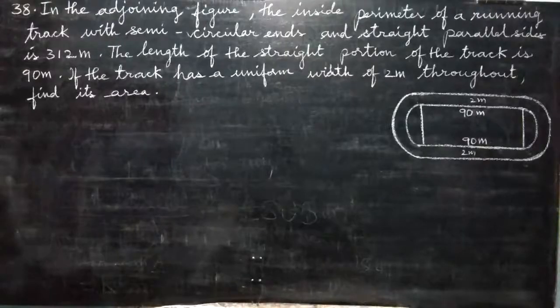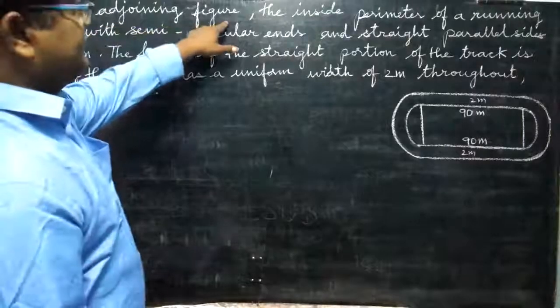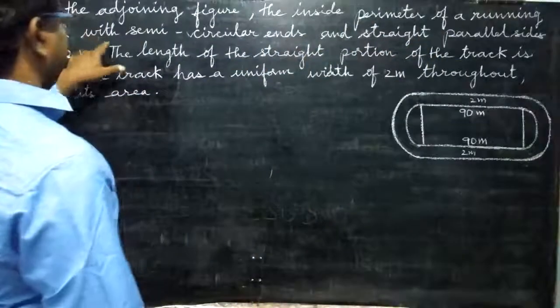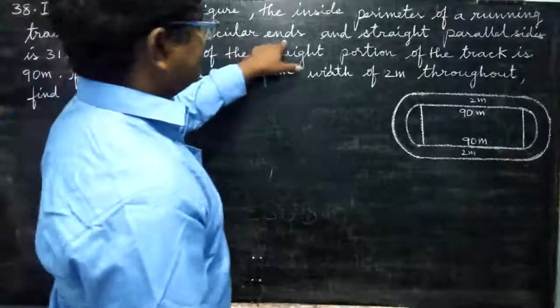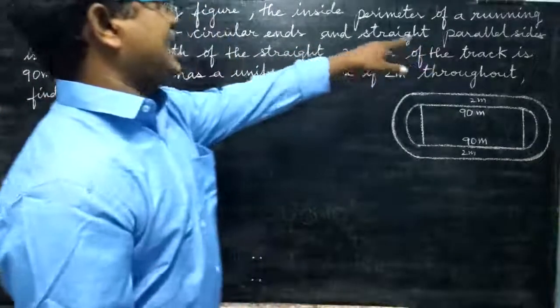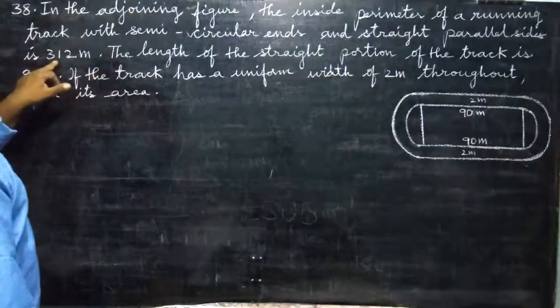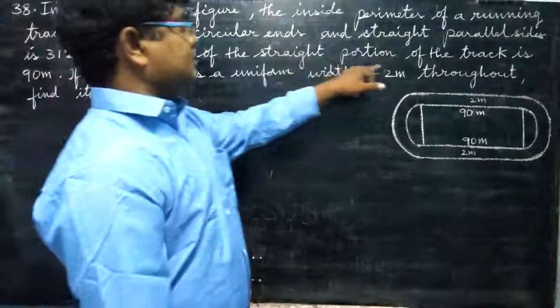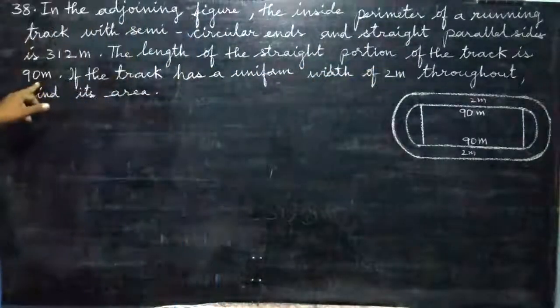38th problem. In the adjoining figure, the inside perimeter of running track with the semicircular ends and straight parallel sides is 312 meters. The length of the straight portion of the track is 90 meters.